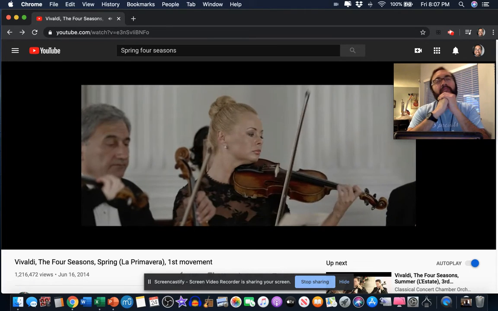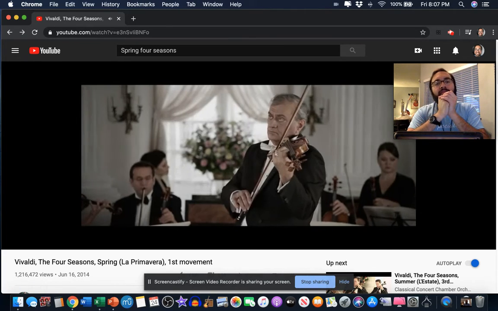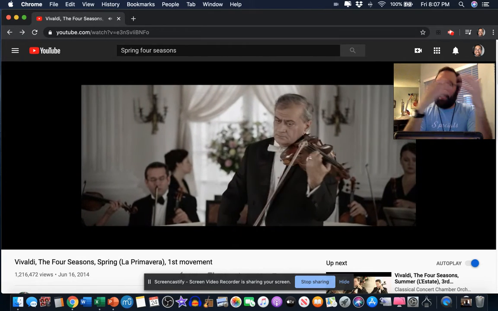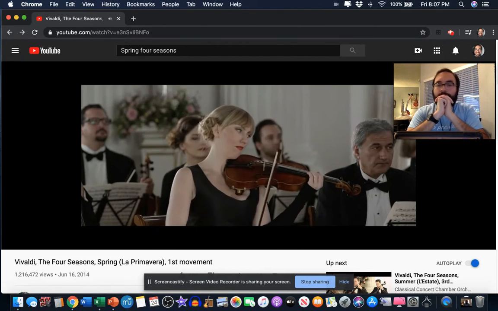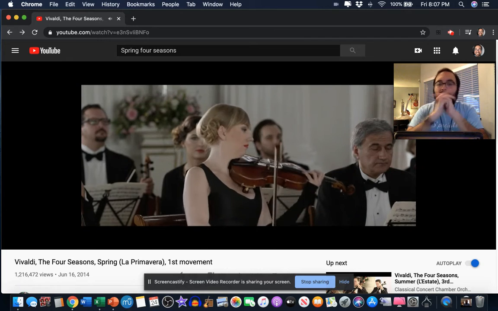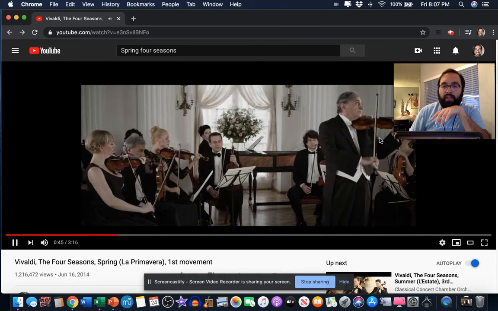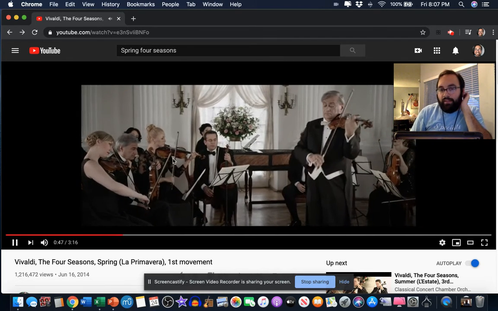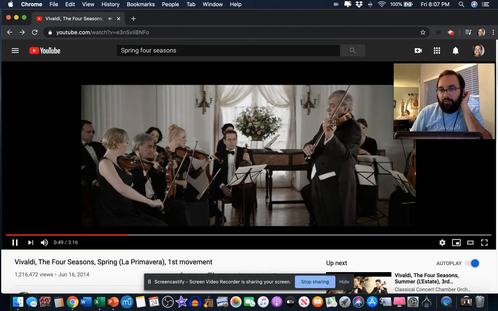And those kind of sound like chirping birds. Does a really good job of painting a picture of being spring. So far, violins playing. These instruments are violins. They sit up in the front.